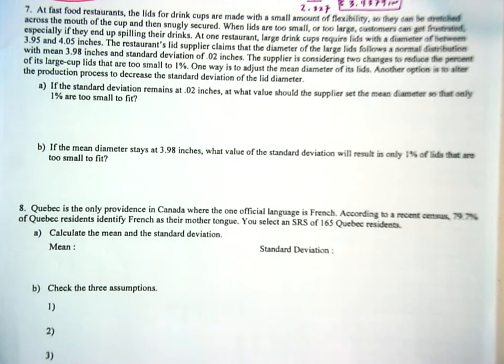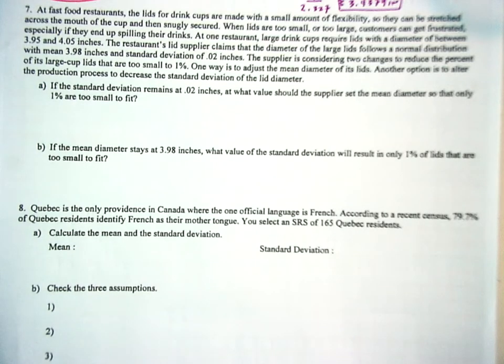At fast food restaurants, the lids for drink cups are made with a small amount of flexibility, so they can be stretched across the mouth of the cup and then snugly secured. When lids are too small or too large, customers can get frustrated, especially if they end up spilling their drinks.